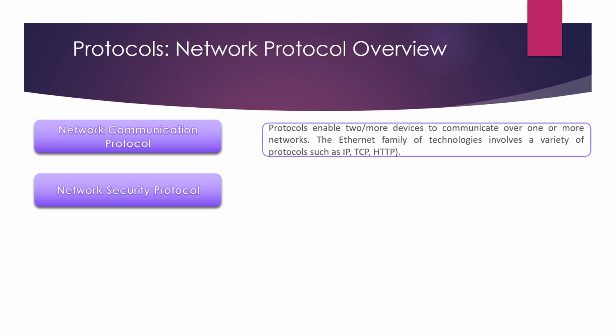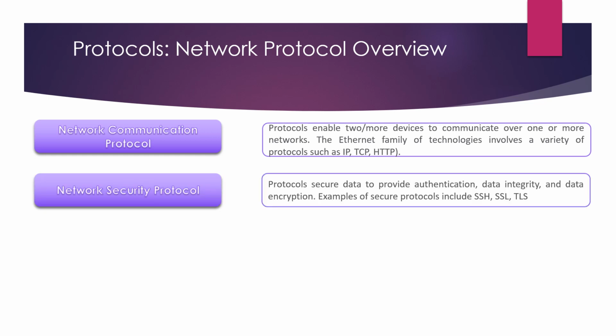We will have even the network security protocols, where protocols secure data to provide authentication, data integrity, and data encryption. Examples of secure protocols include Secure Shell Protocol, SSH, Secure Socket Layer Protocol, SSL, and Transport Layer Security, TLS.